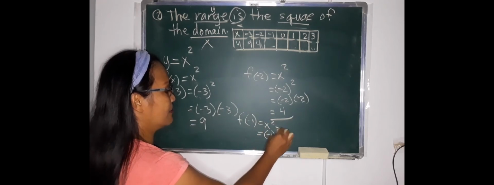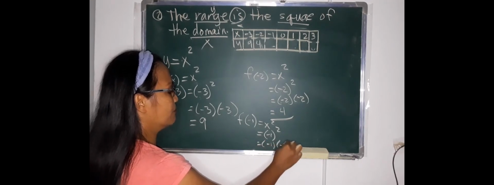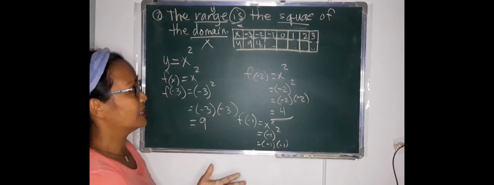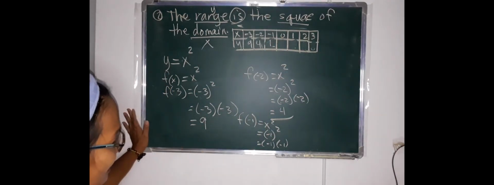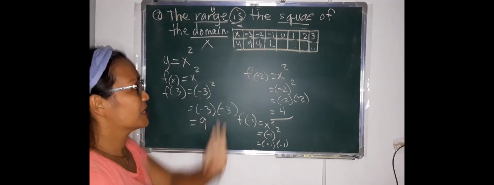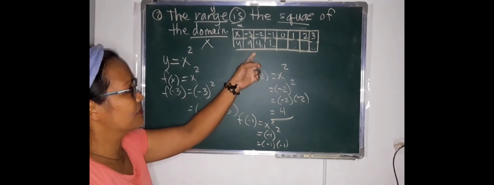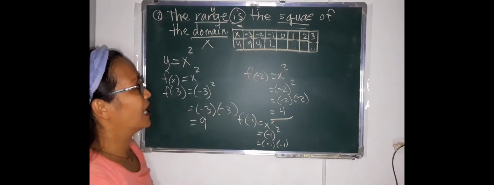Negative 1 squared. So, negative 1 times negative 1. Negative times negative is positive. 1 times 1 is equal to 1. Okay, so I think we cannot apply this with the subtraction because 5, 3, maybe 1 ang susunod.